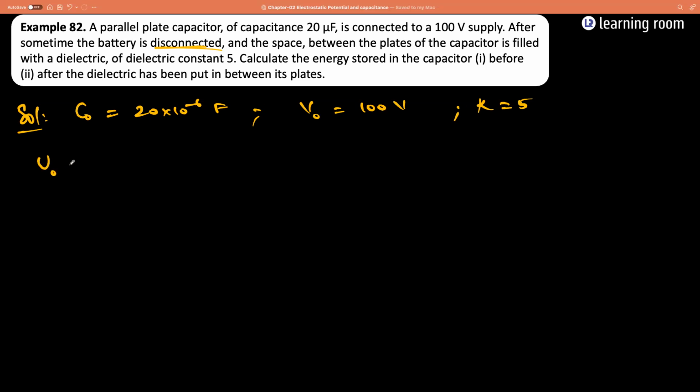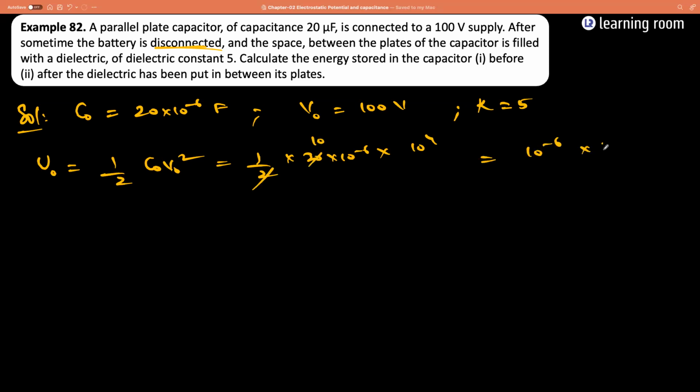So what will be the value of U naught? Half C naught V naught square. Half into 20 into 10 power minus 6 into 10 power 4. Sorry, 10 power minus 5 into 10 power 4 is 10 power minus 1 joule.